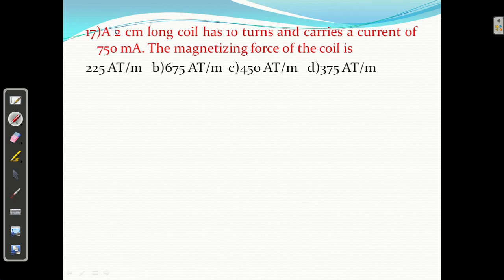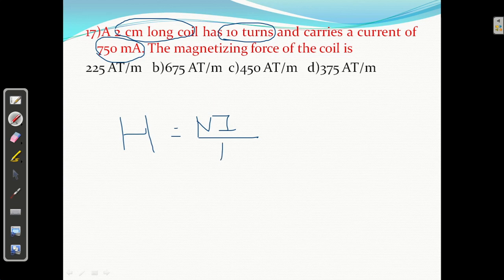A 2 centimeter long coil has 10 turns and carries a current of 750 milliampere. Magnetizing force of a coil. Magnetizing force H equal to what? H equal to NI upon L. N is given 10.